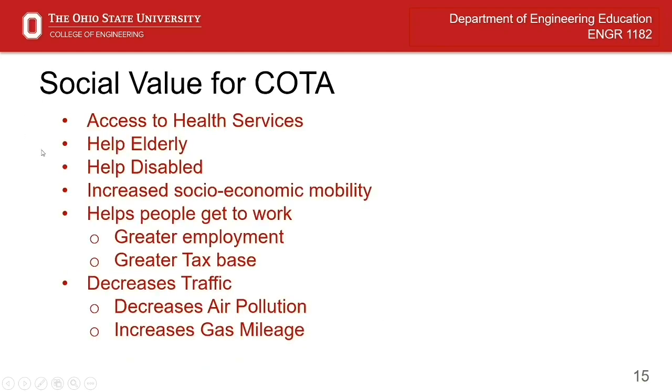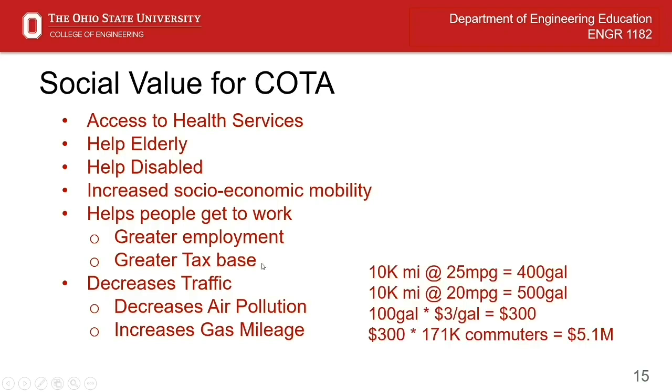And then, for CODA, thinking about social value, you can help people with limited access to transportation, access health services, help the elderly, the disabled, increase socioeconomic mobility and opportunities, simply help people get to work, decrease traffic, things like that. And you can do some simple calculations to see, for example, if more people ride the bus than their own vehicles, how much money you can save in gas mileage.